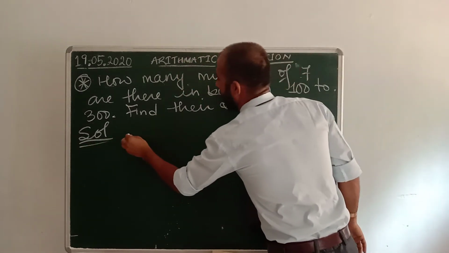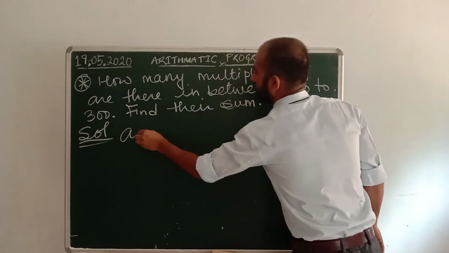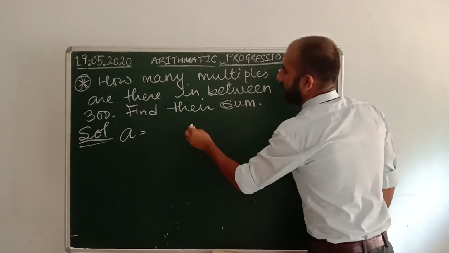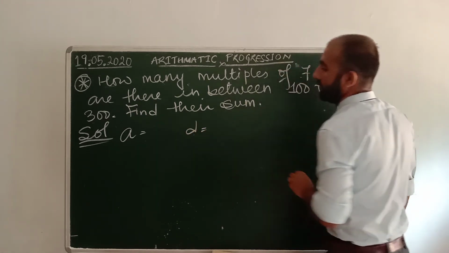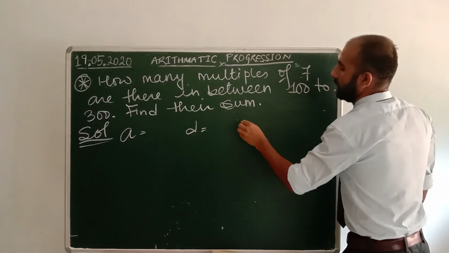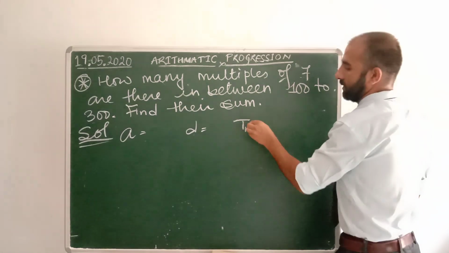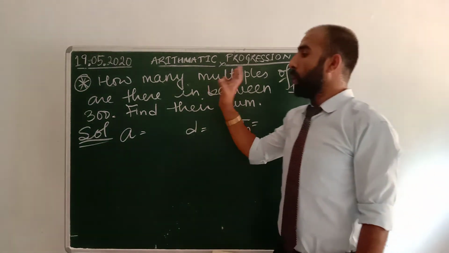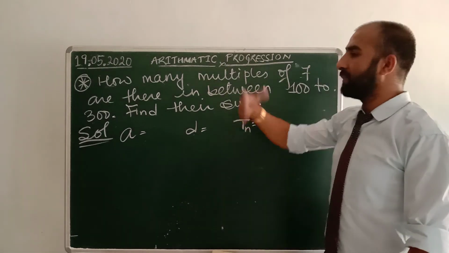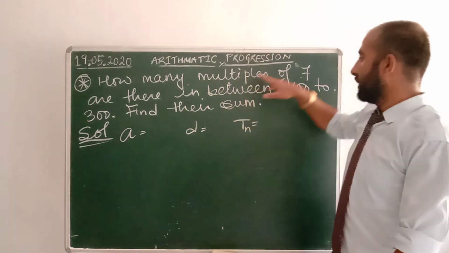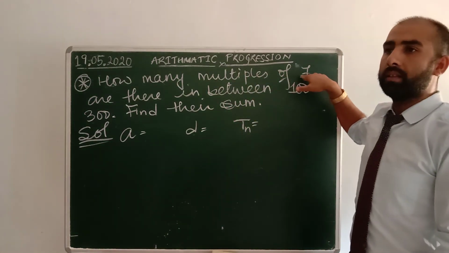Okay, let's see about the first term, the common difference, and the last term. So what is the first term after 100 which is a multiple of 7?